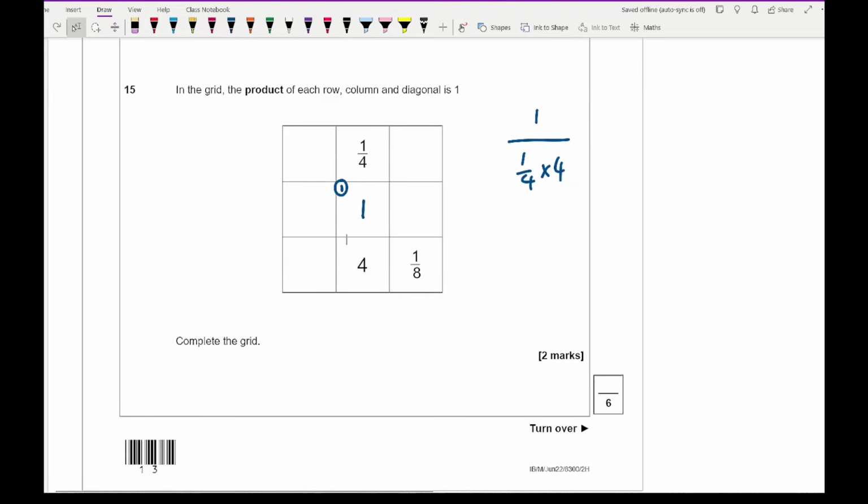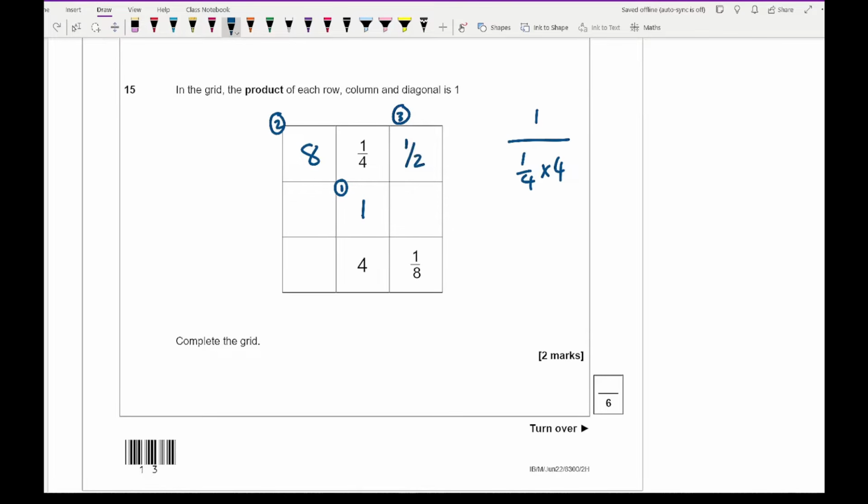Then moving on to the next box that we can fill in, which is this box here. So I'm going to do 1 divided by, and then if you put it in brackets, 1 times 1/8, in which I get an answer of 8. Then the third one I can fill in is this box here, so I do 1 divided by 8 times a quarter, and that equals a half.